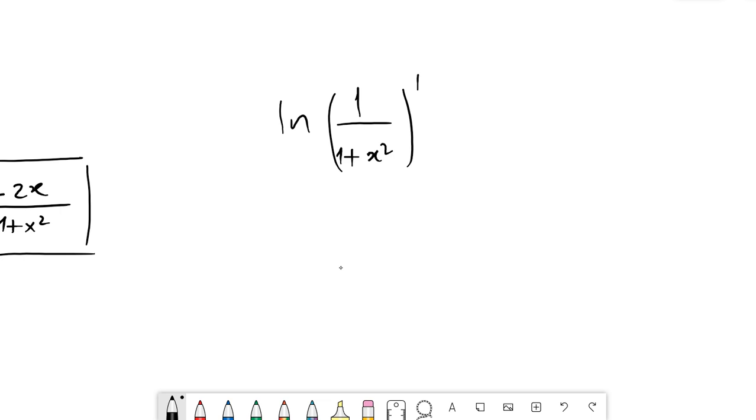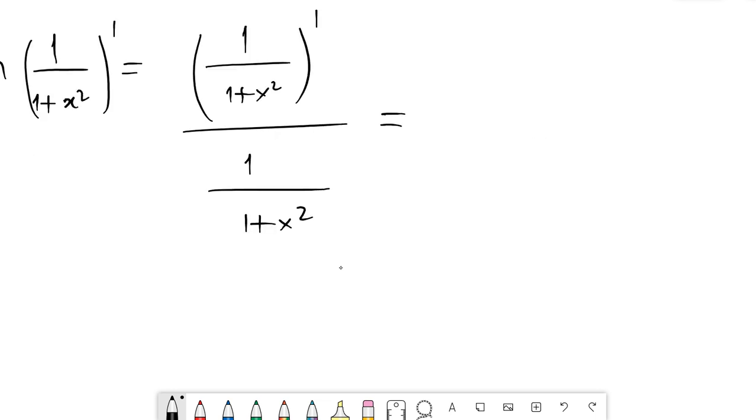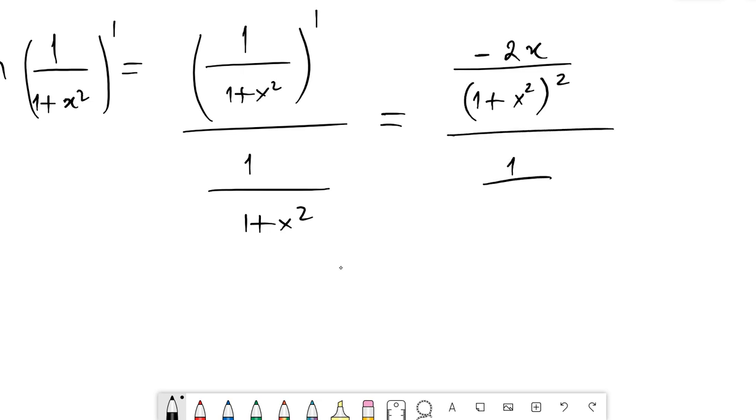So first we have to take this derivative, right? So that will be the derivative of 1 plus x squared dividing 1 plus x squared, right? So that will be something like minus 2x dividing 1 plus x squared, dividing 1 over 1 plus x squared.